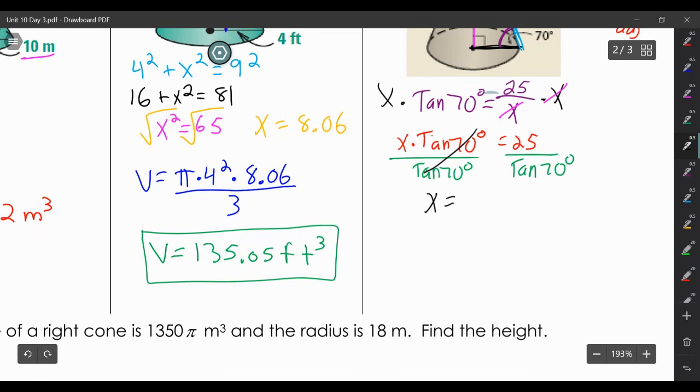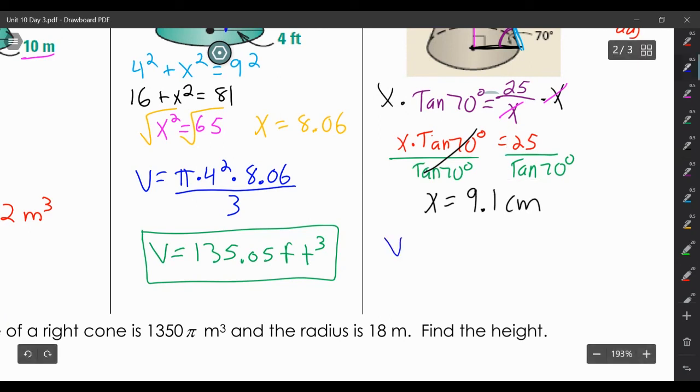So x is equal to 9.1 centimeters. Type this into the calculator. That gives us our radius.